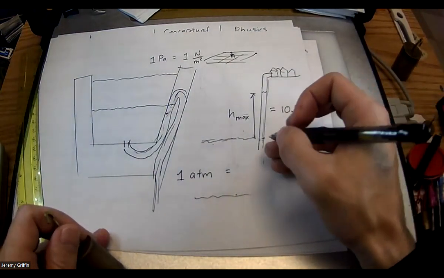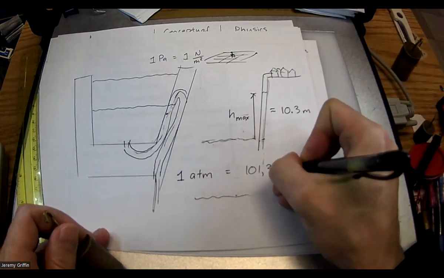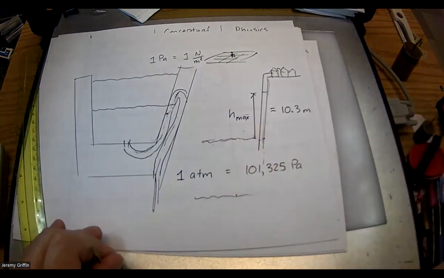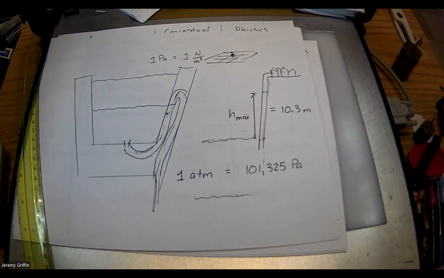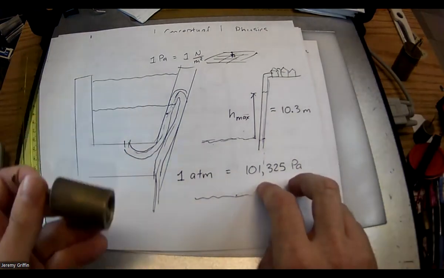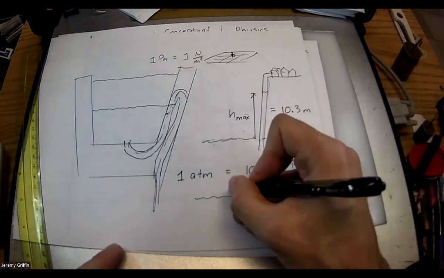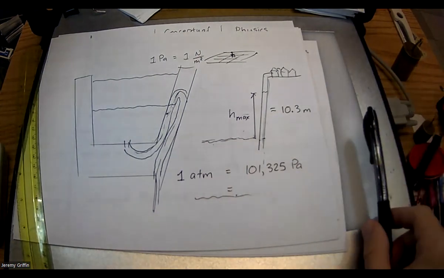Anybody want to guess? How many of you were thinking 101,000 Pascal? Whoa, that's crazy. Like 100,000 of these on every square meter? What's another way to quantify pressure?